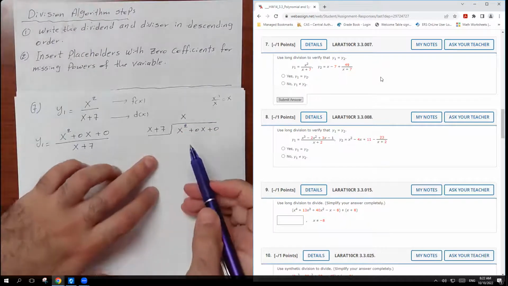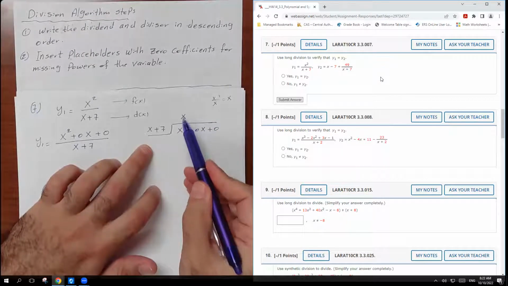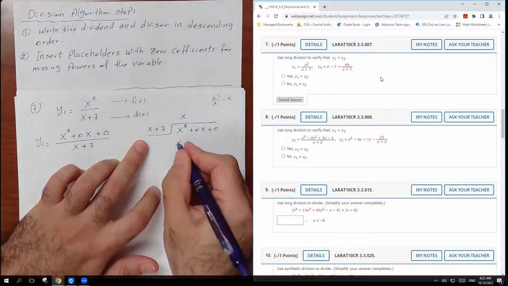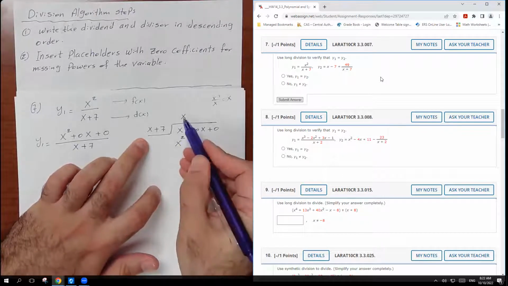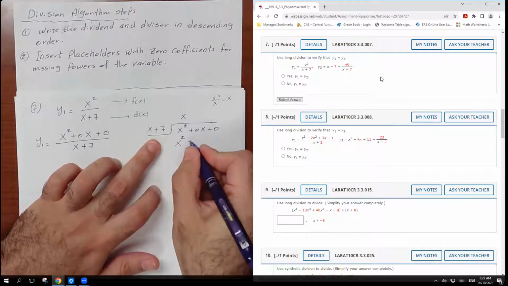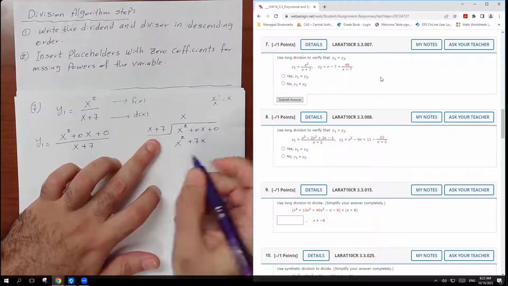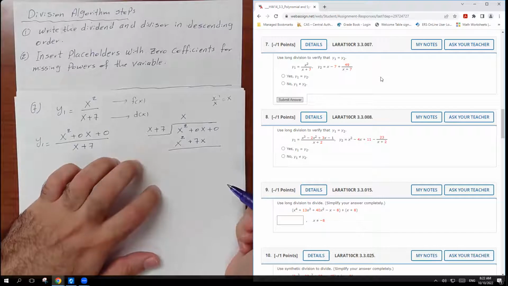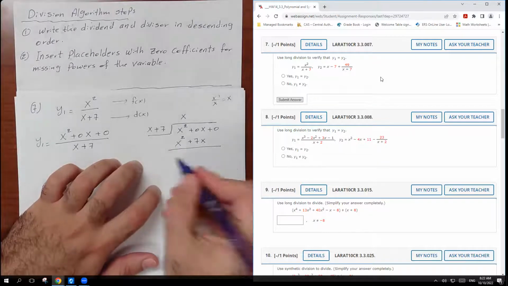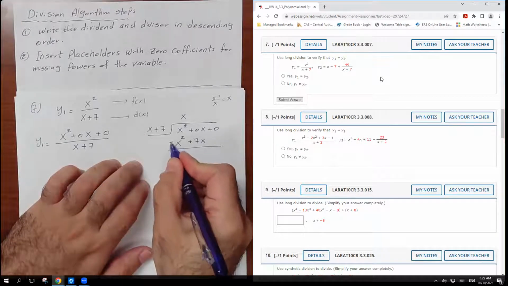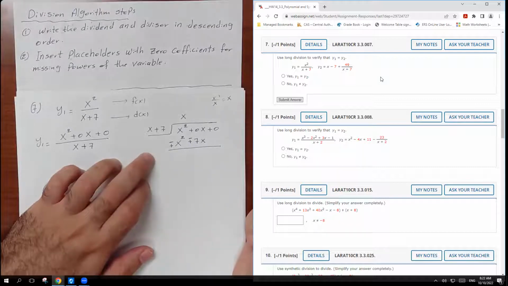Then I'm going to start multiplying. X times x is x squared. X times 7 is going to be plus 7x. The next step, I'm going to change the sign. This is plus, minus, plus, minus.